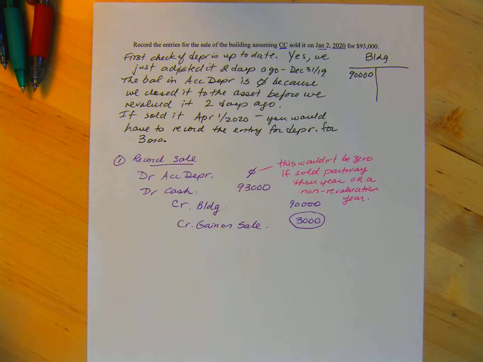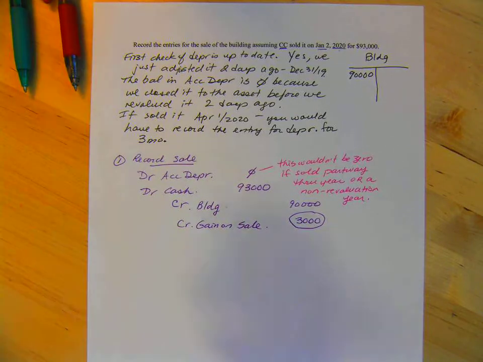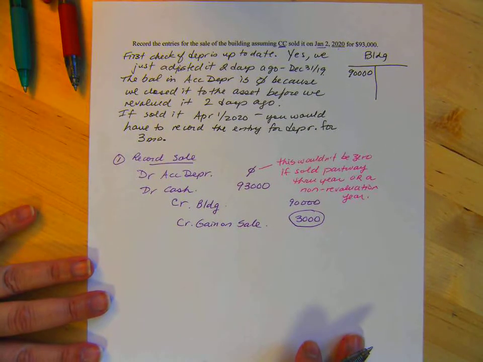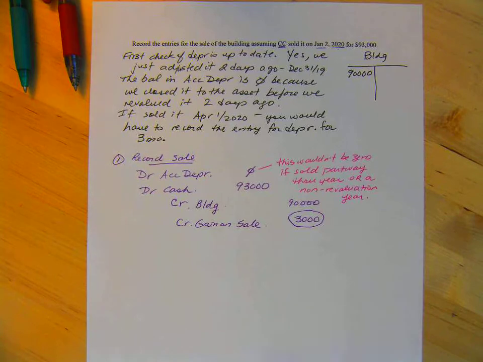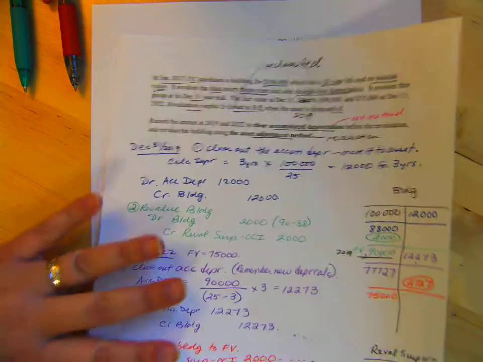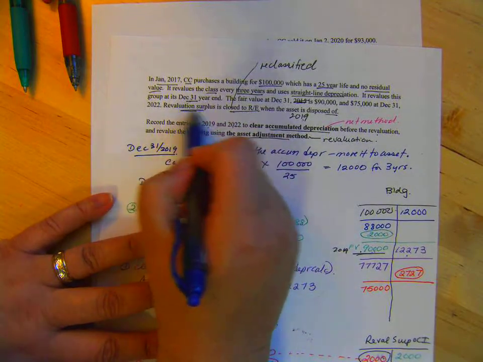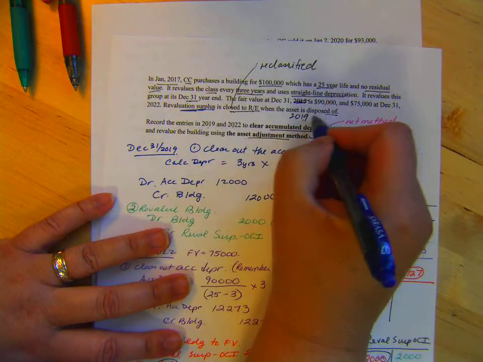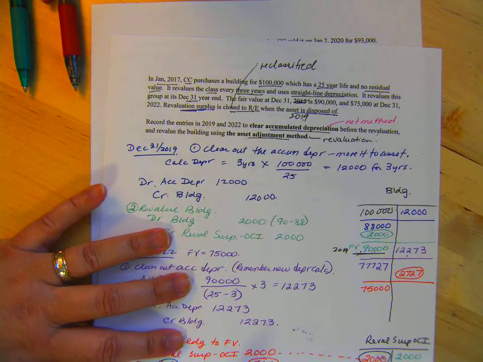Okay, the next thing we have to do, because this question said revaluation surplus goes to retained earnings when the asset is disposed of. Okay?